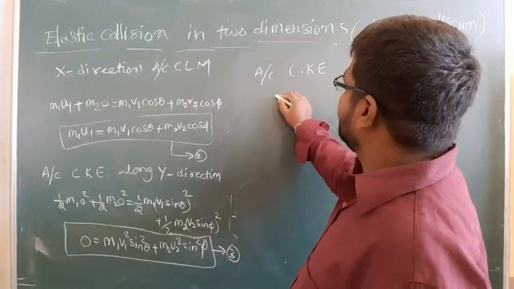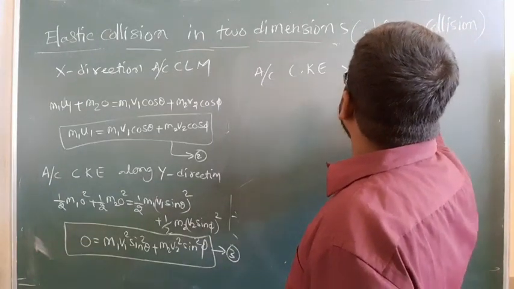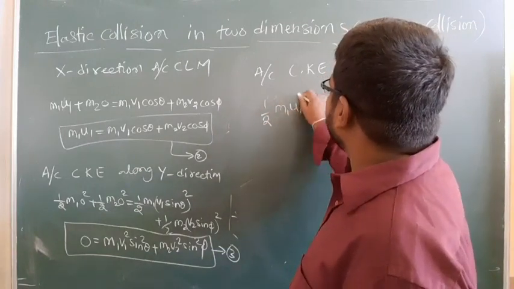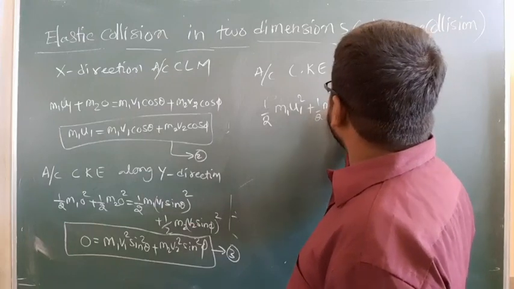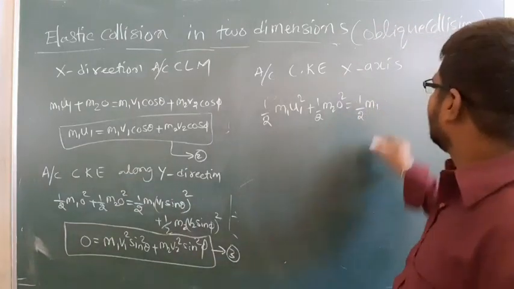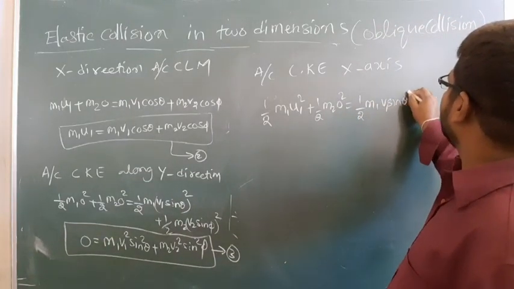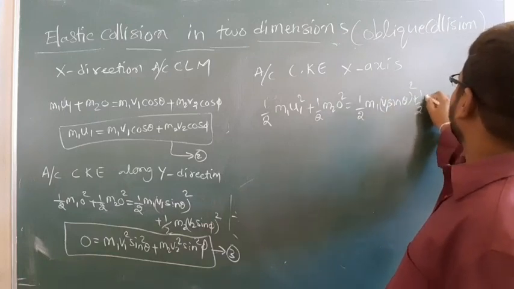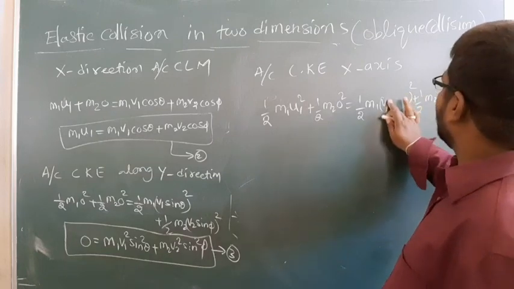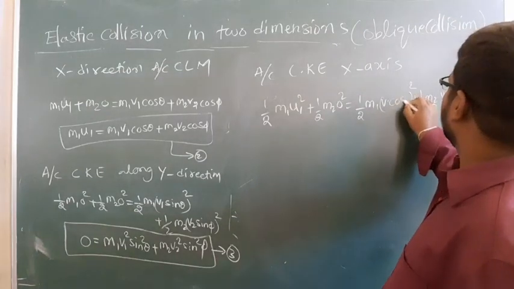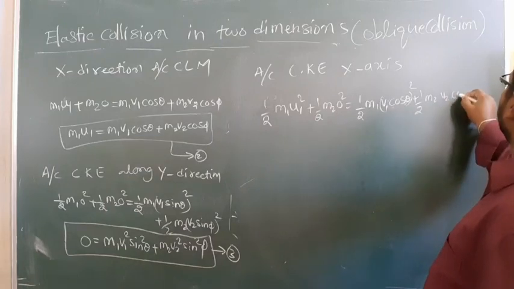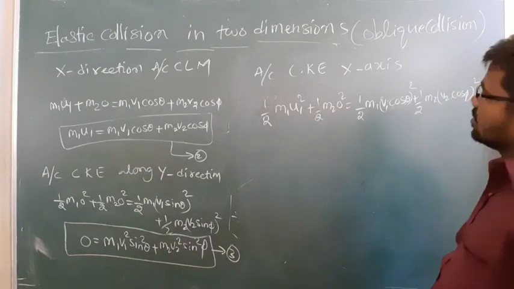Here, along the x-axis: 1/2 m1 u1 square plus 1/2 m2 0 square is equal to 1/2 m1 (v1 sin theta) whole square plus 1/2 m2 (v2 cos phi) whole square.